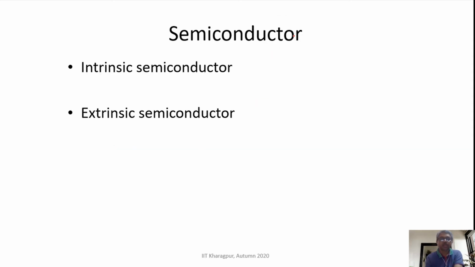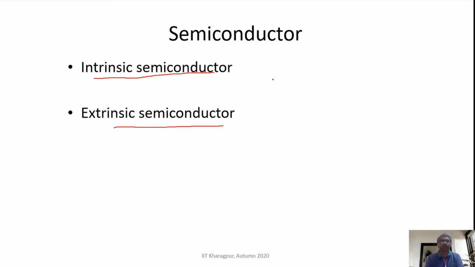Now, I should have mentioned this intrinsic and extrinsic semiconductor. Semiconductors are mainly of two types, intrinsic semiconductor and extrinsic semiconductor. The intrinsic semiconductor is the basic semiconductor where we don't incorporate any impurity.